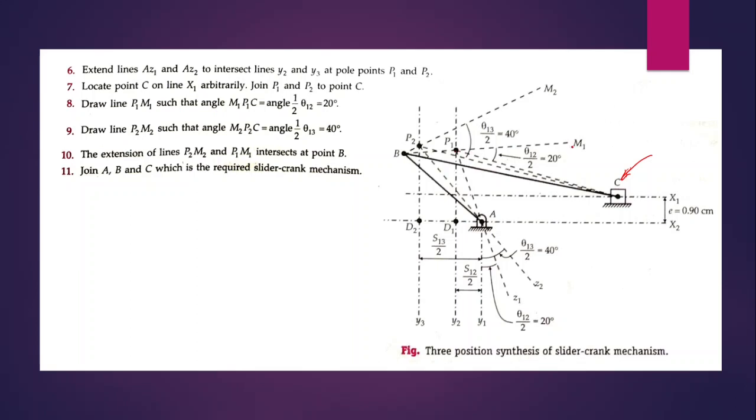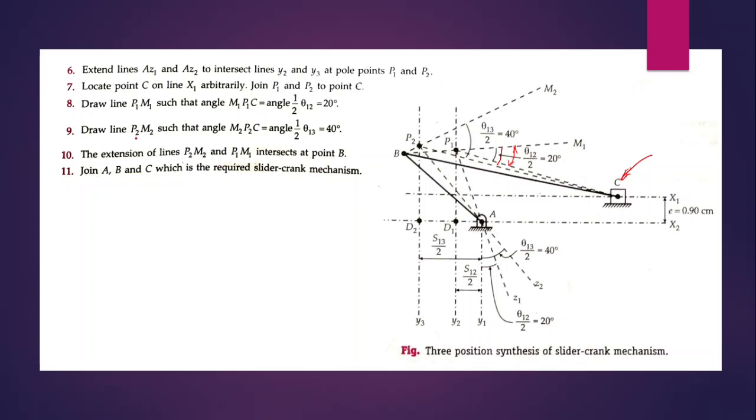Then in the next step, draw line P1M such that the angle M1 P1C is equal to theta 12 by 2, that's equal to 20 degree.